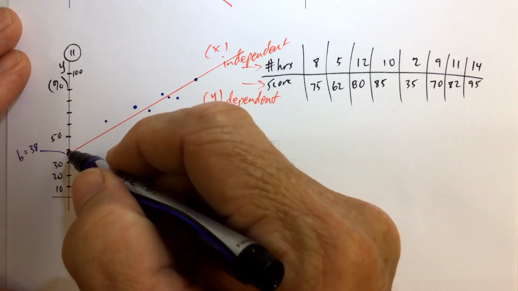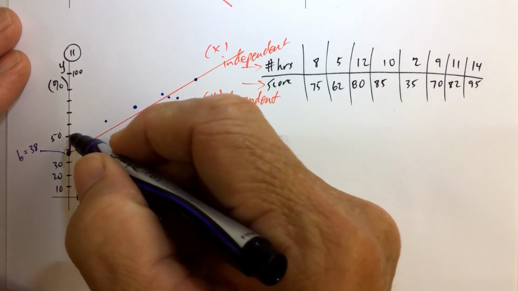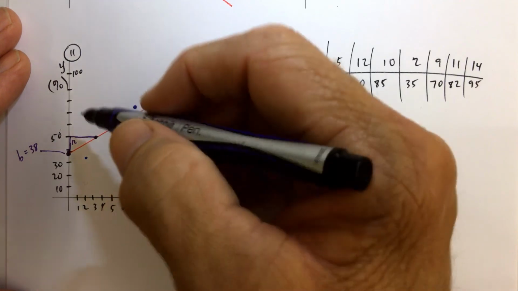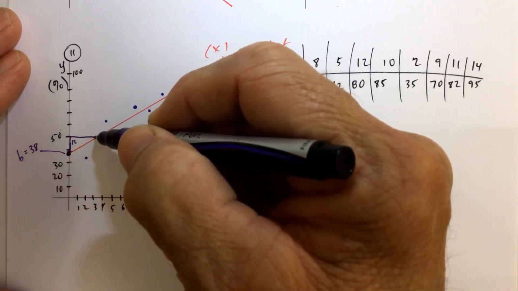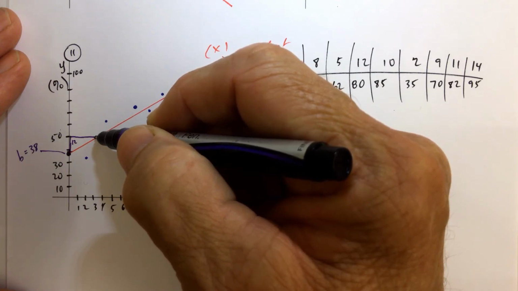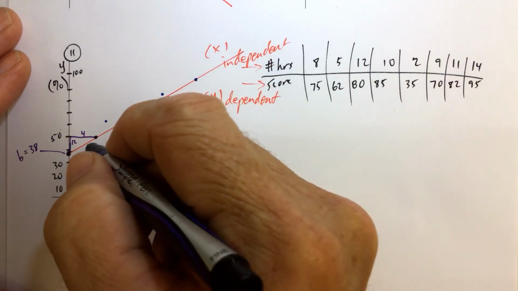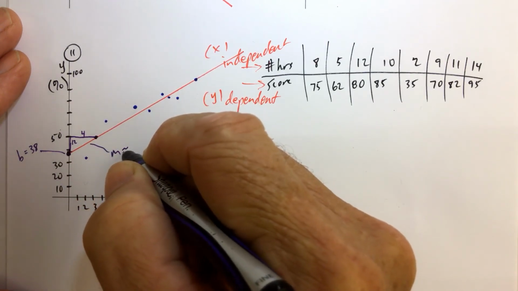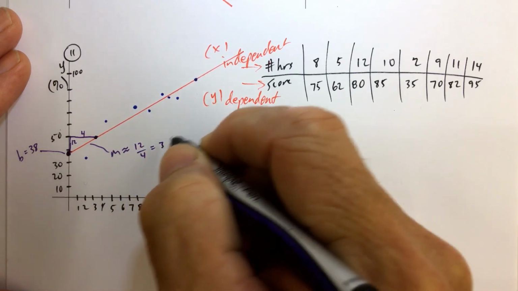If we call that 38, our change in y, we're going to go up 12, and we're going to go over how many? Let's find another point there. If we go up 12 and over 1, 2, 3, 4, let's call that up 12 and over 4. That's our estimate for the slope. So the slope is about up 12 and over 4, which is equal to 3.